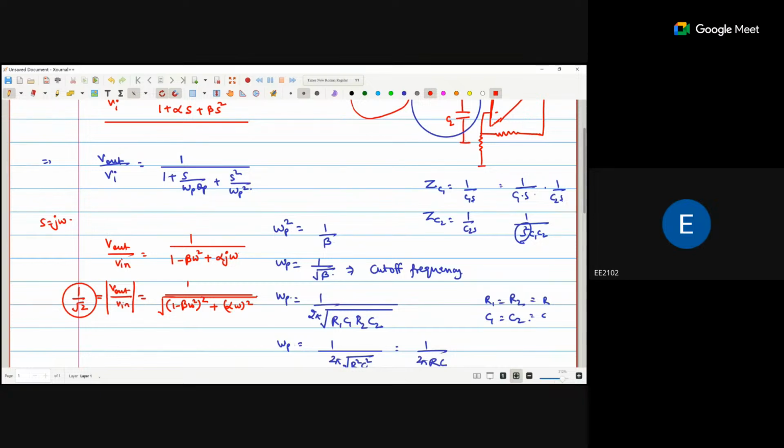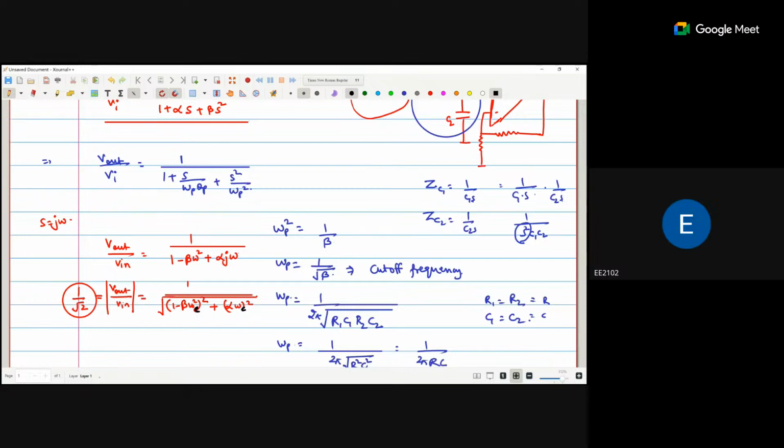So we can say that this particular omega is nothing but the cutoff frequency. This omega is nothing but omega c. Now the thing is, how do we calculate the maximum?